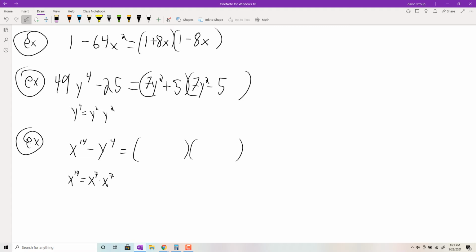Okay, so x to the 7th times x to the 7th, what is that? That's the same thing as x to the 7th plus 7. And 7 plus 7 is 14, so that's one way to do it. Okay, so you have x to the 7th times x to the 7th. And the same thing for y to the 4th. We already kind of did that one above in the previous example. That's just y squared times y squared. So you get plus y squared minus y squared.